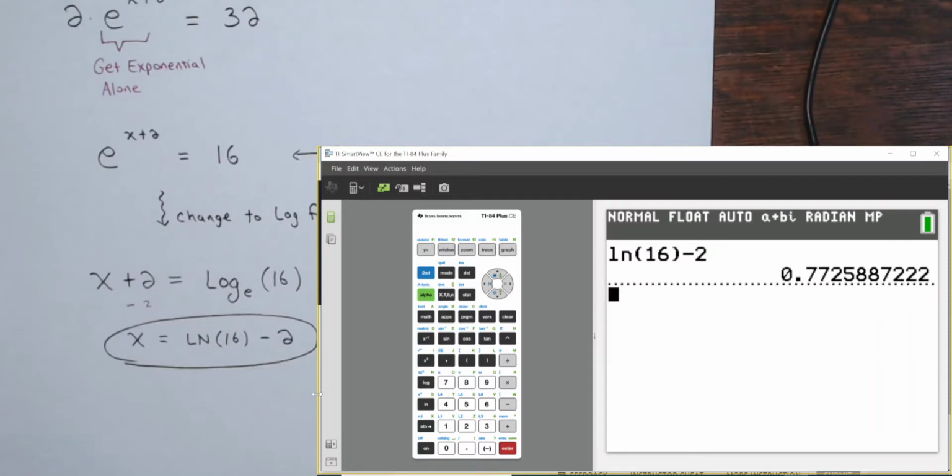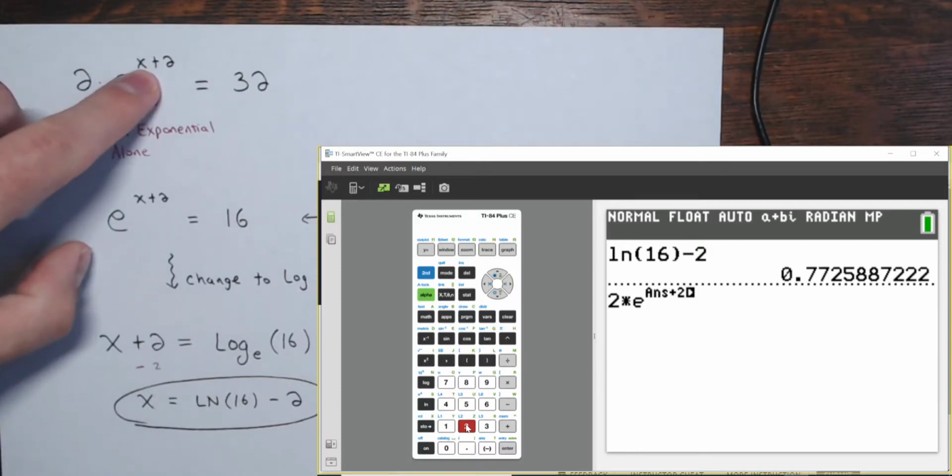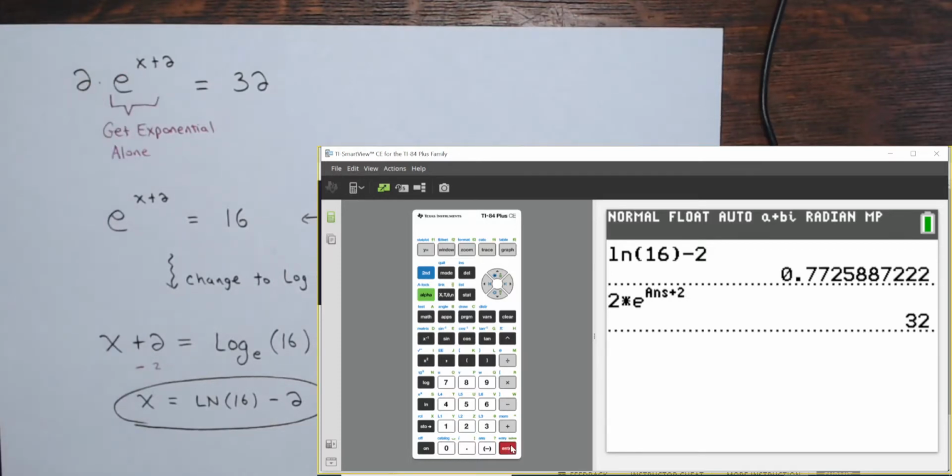Look at the original equation. In the calculator, I'll go 2 times e to the previous answer plus 2 in the exponent. That's 2 times e to the x plus 2. And this should be 32. And it is. So it satisfies the original equation. Wonderful.